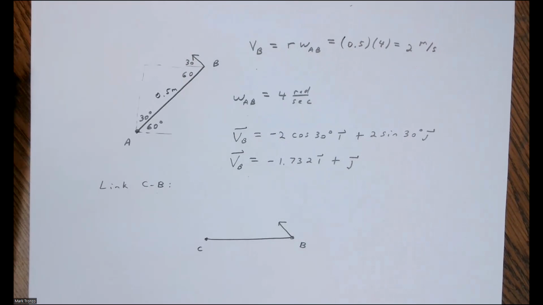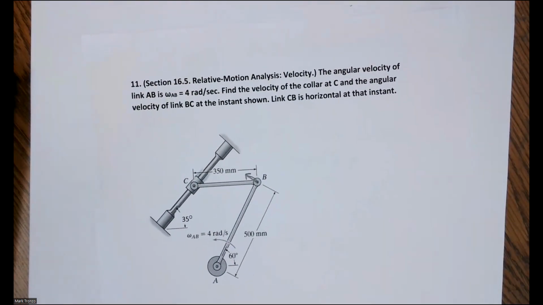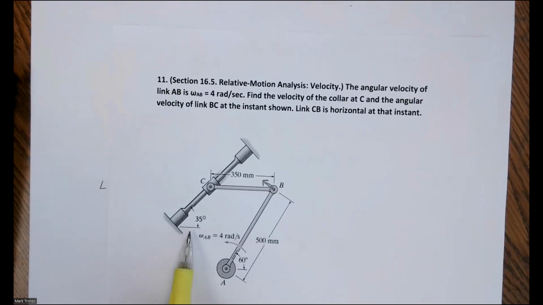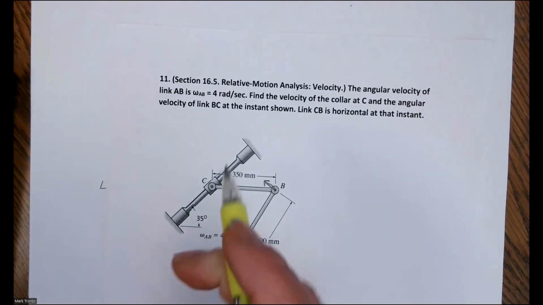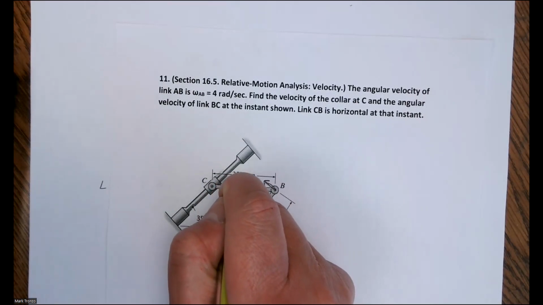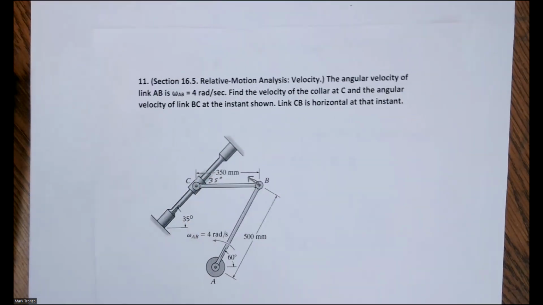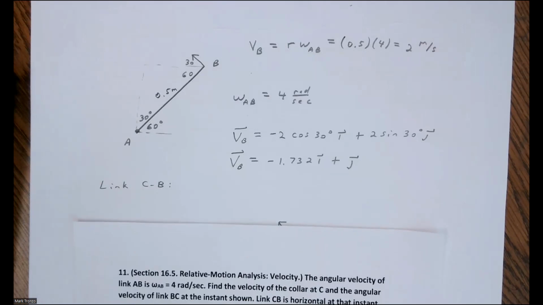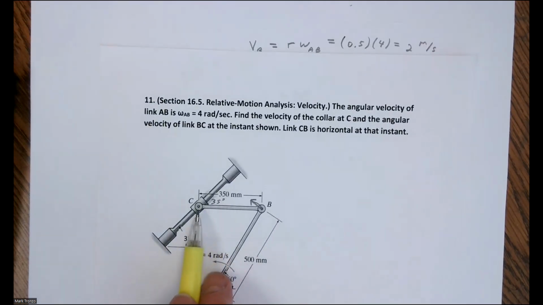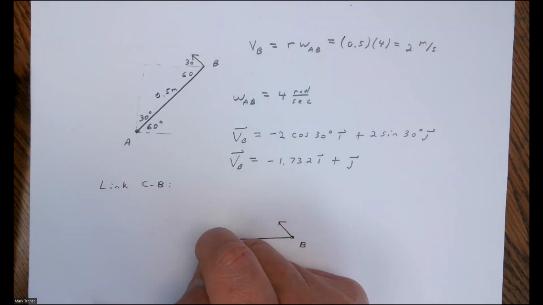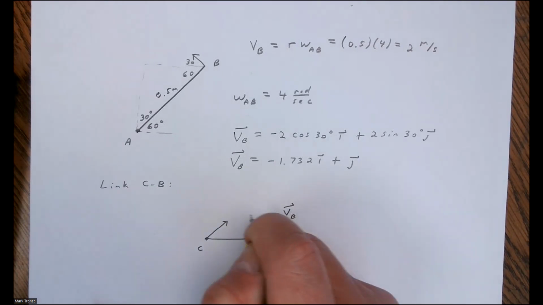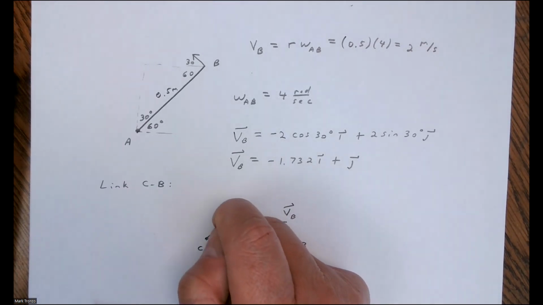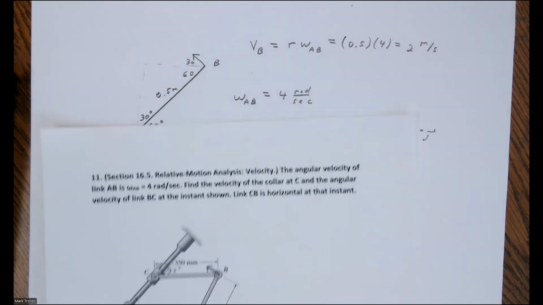Now, notice that this other one is 35 degrees with horizontal, and this is horizontal as well, so that's going to make this 35 degrees. So that means C is going to be moving in this direction here. Velocity of B was in this direction. Velocity of C is in this direction.